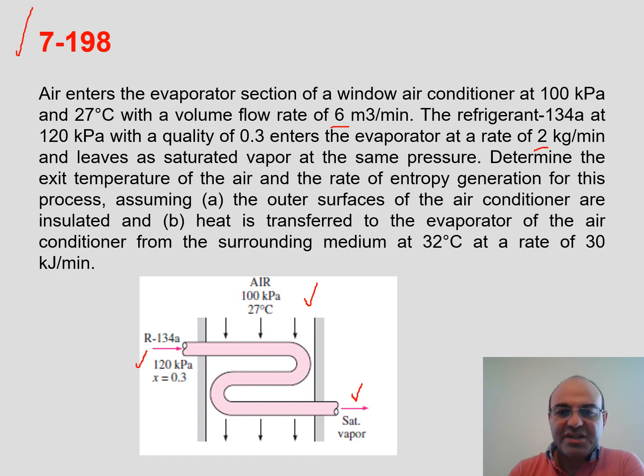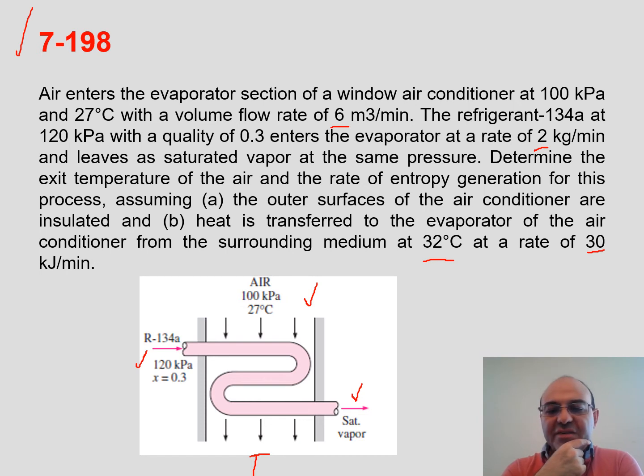Determine the exit temperature of the air, T here, and the rate of entropy generation for this process, assuming A, the outer surfaces of the air conditioner are insulated, and B, that heat is transferred to the evaporator of the air conditioner from the surrounding medium at 32 degrees C at the rate of 30 kilojoules per minute.